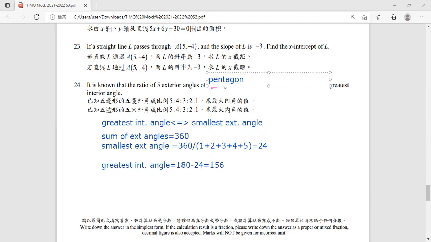It should be a pentagon, because if I say hexagon, there are 6 faces here, but in the Chinese version, it means a pentagon.